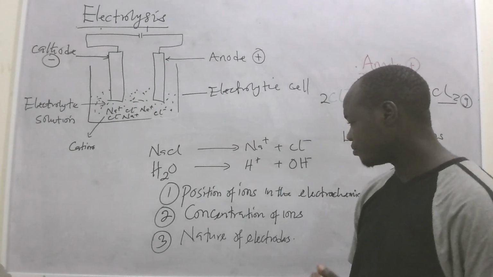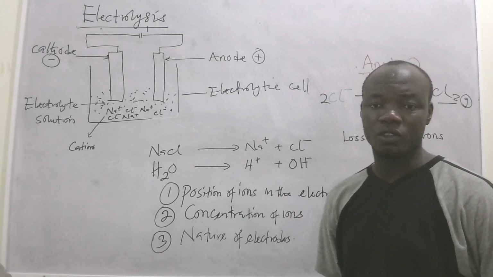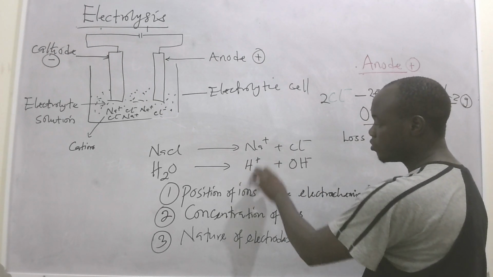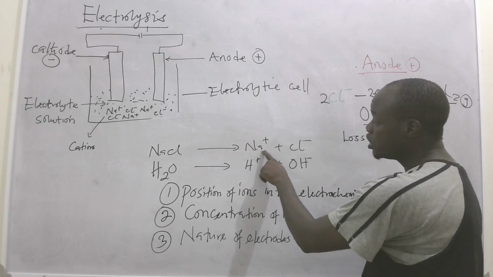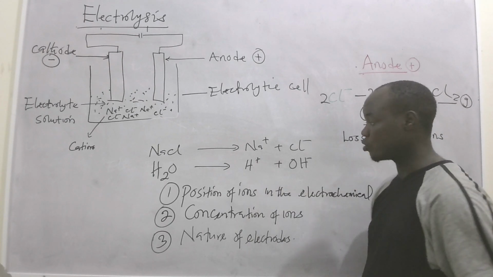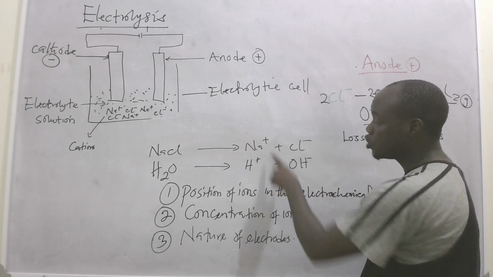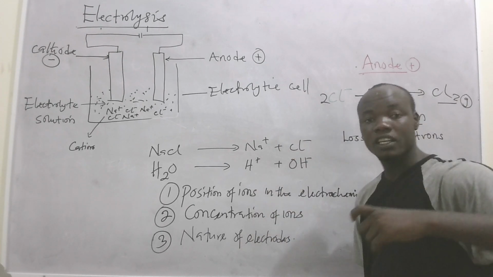And of course we have hydrogen ion. So now look at it, in these points we have sodium ion and we have hydrogen ion. Between this and this, which one is higher in the electrochemical series? Hydrogen ion is lower in the electrochemical series, while sodium ion is higher.